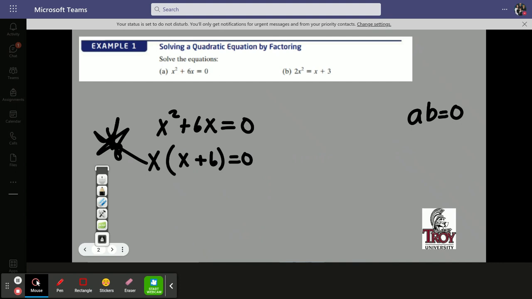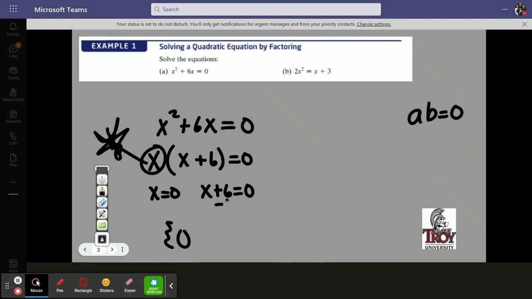Well, that's what I'm doing here. X and x plus 6 equals 0. Somebody's got to be a 0. So I'm going to take my first term x, and I'm going to say x equals 0. And I'm going to take my second term, x plus 6 equals 0. This is done.